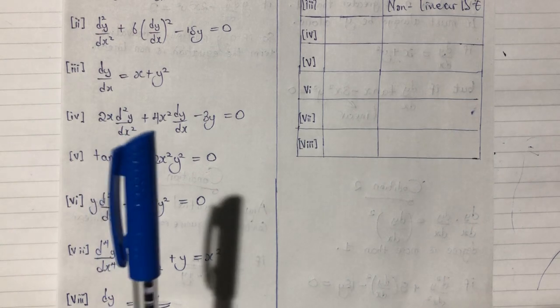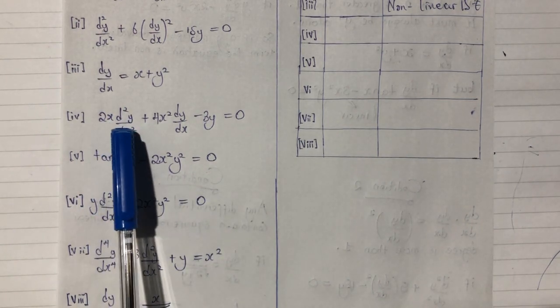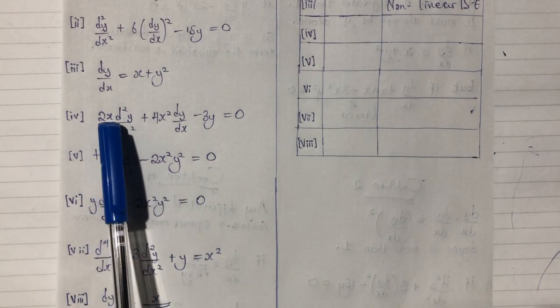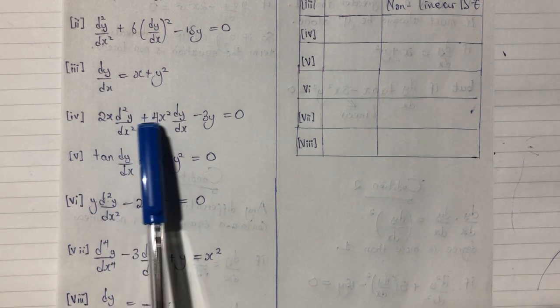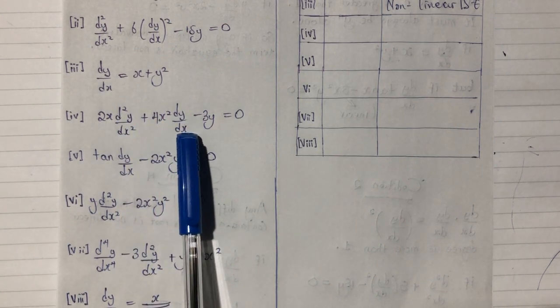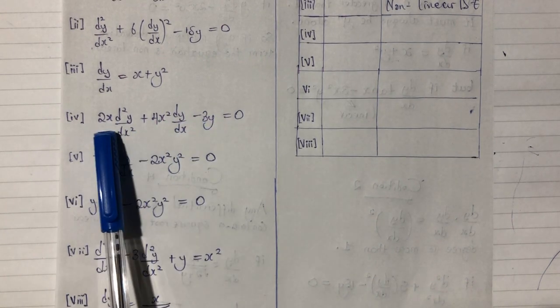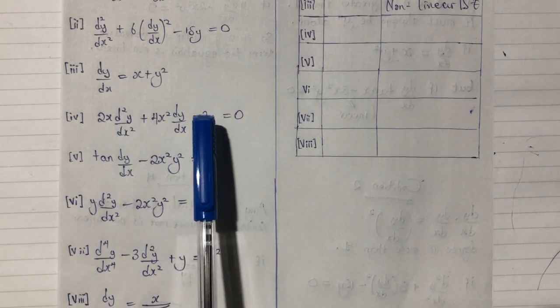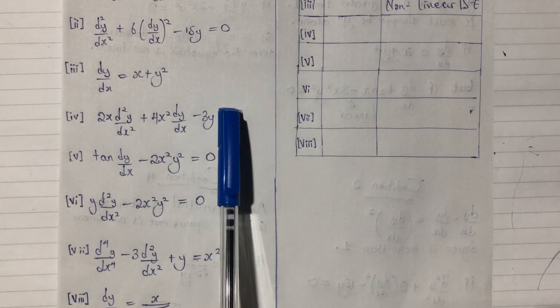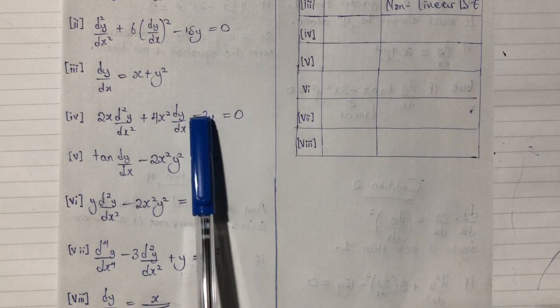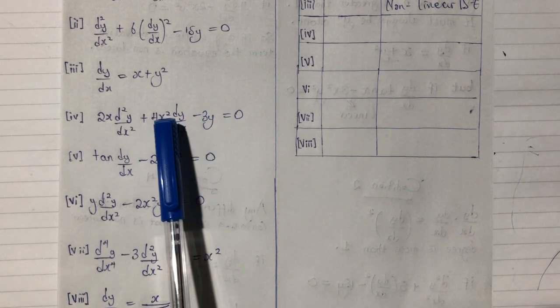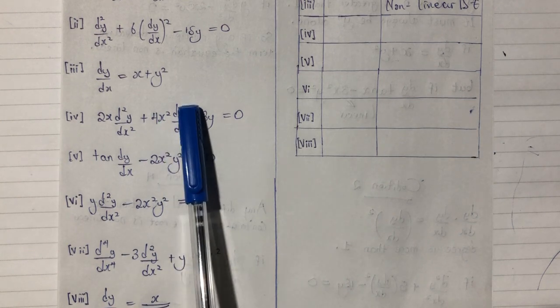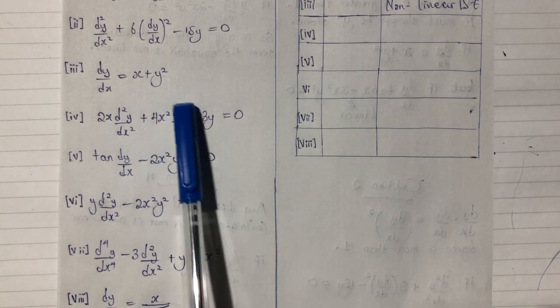The fourth question, we have 2x d squared y over dx squared plus 4x squared dy/dx minus 3y. There is no condition here. This is y, the power is 1. It is being multiplied by something, it doesn't qualify. We have x squared multiplying the derivative term, it doesn't qualify.